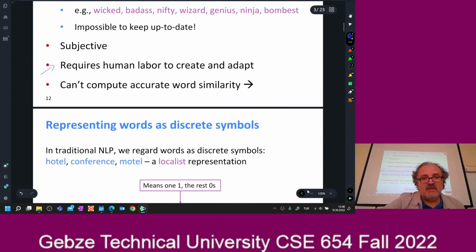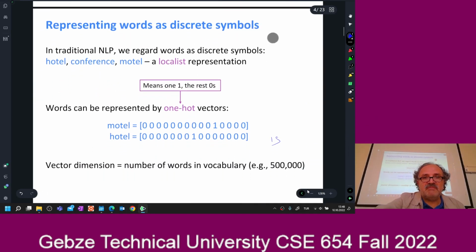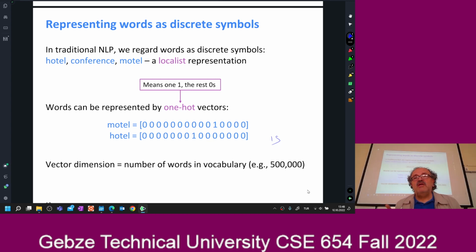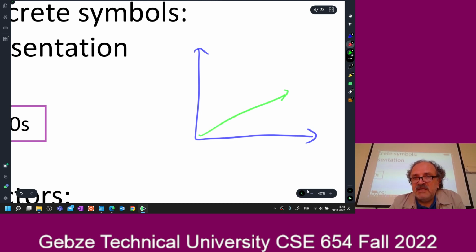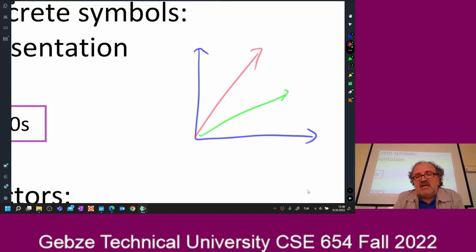So we are going to do some representation of the words. So if I represent two words by a vector, okay, what is a vector? In our two-dimensional world, this one is a vector, okay, this one is another vector. How similar are these two vectors?